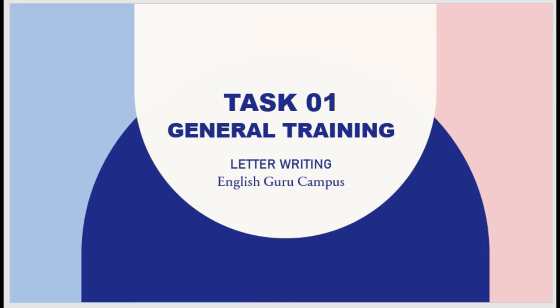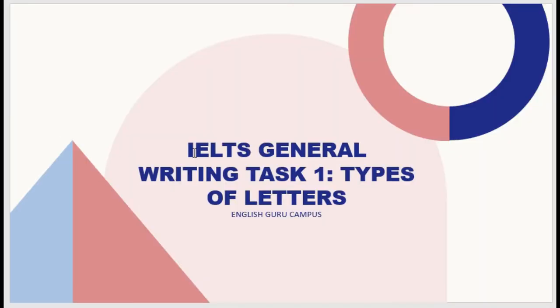Okay, so let's move to the next slide. IELTS General Writing Task 1, types of letters, English Guru Campus. Okay, so anyway, I hope you all know about the modules and everything that we discussed in the previous sessions. So in this session we are going to talk about types of letters.